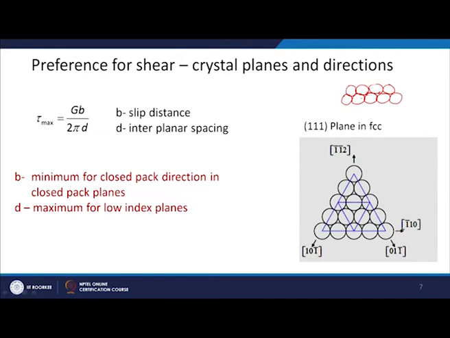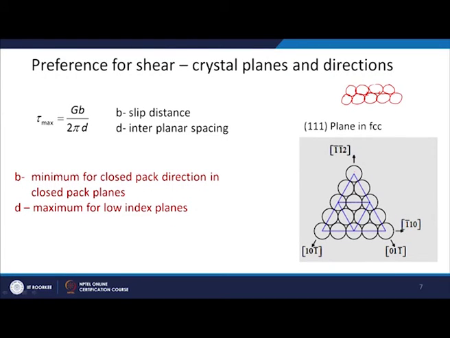You cannot get better packing than this, and that is the packing you see in the 111 plane of the FCC arrangement. In this 110 type of direction of FCC, you have the minimum distance between atoms.